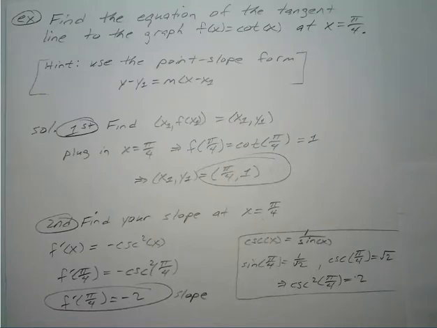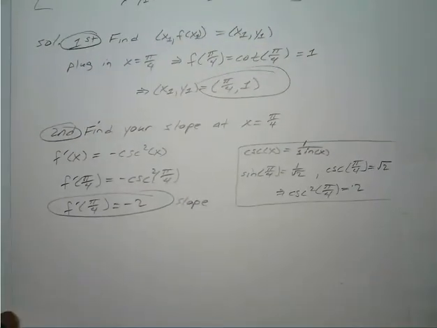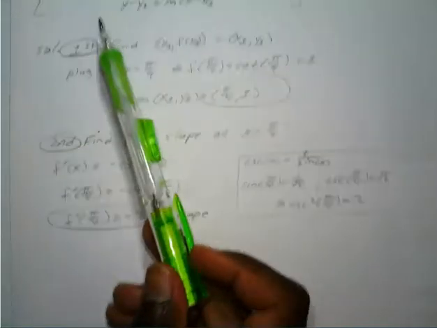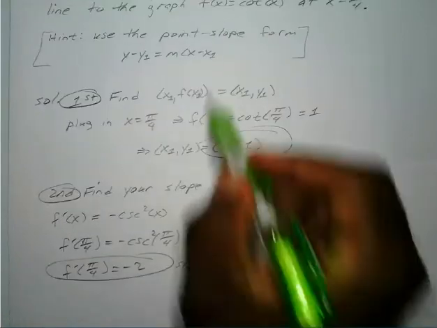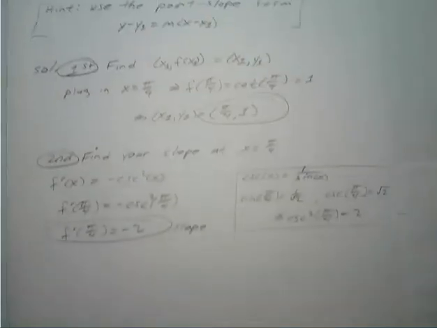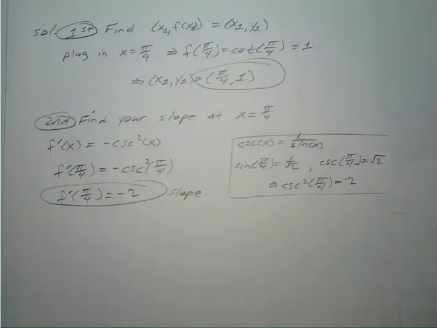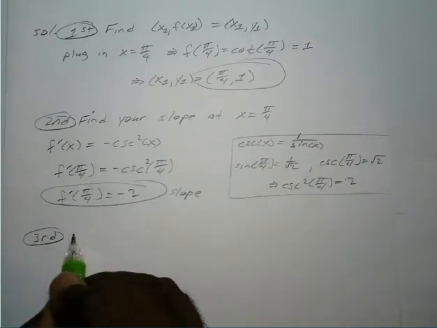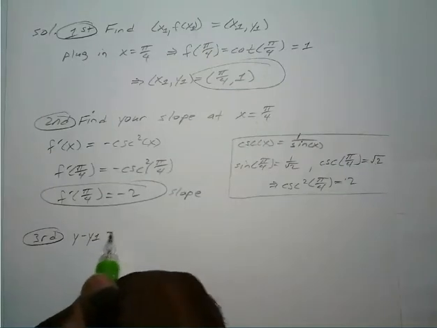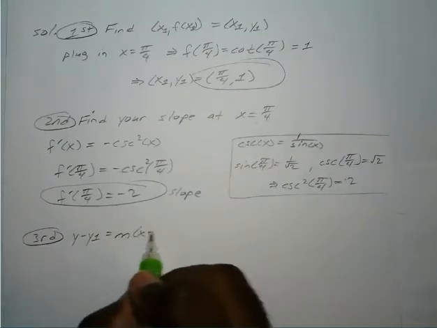All right, so now we go ahead and plug into our point slope form. Next we have y minus y1 equals your slope times x minus x1.